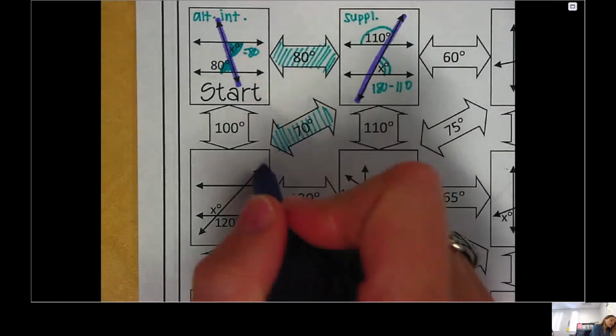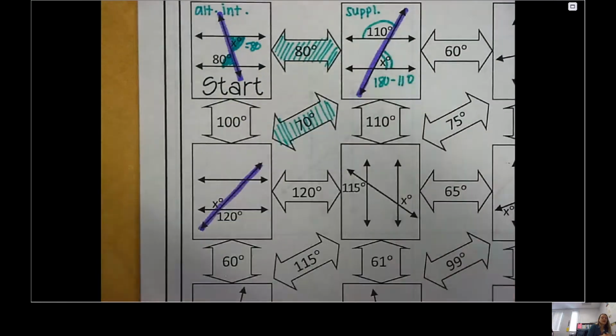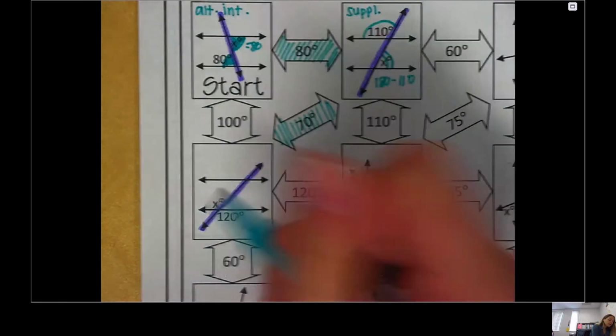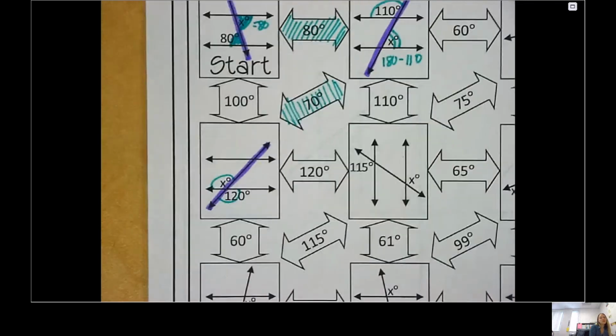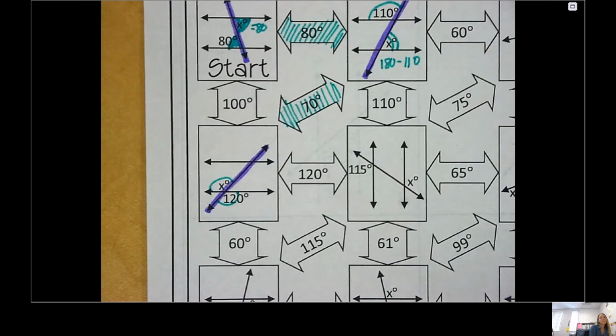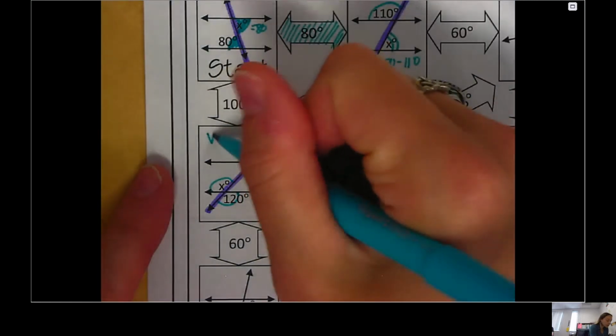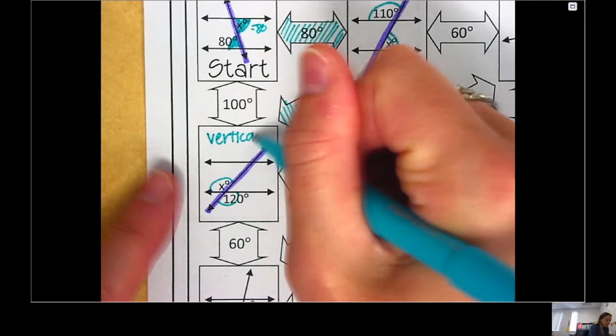All right, last one. Here's my transversal. I give you angle X and angle 120. What kind of angles are those? They are not linear. Vertical. Linear, they'd have to be right next to each other. These are across from each other, so they are vertical. What do you know about vertical angles?